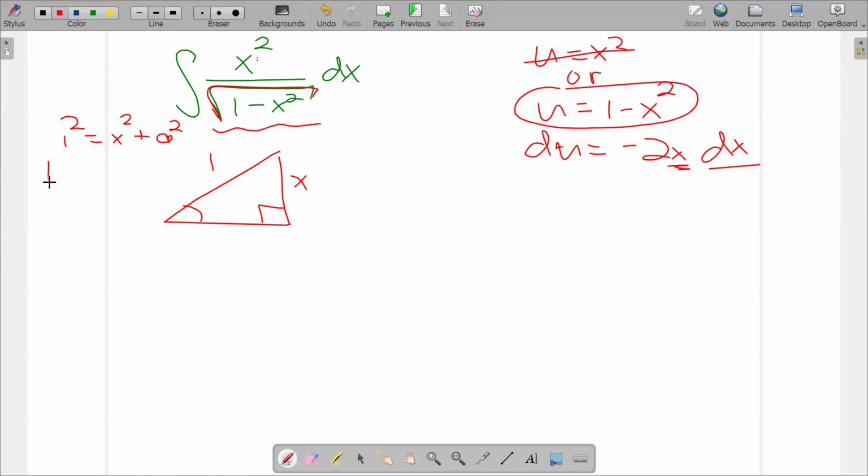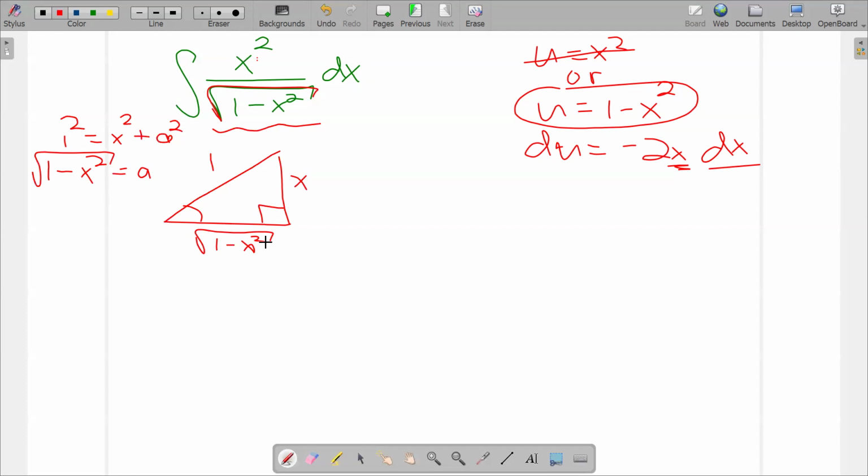And 1 squared is 1, subtract the x squared, then a would be plus or minus the square root of 1 minus x squared. So this side down here, if the hypotenuse is 1 and the opposite side is x, happens to be the square root of 1 minus x squared.